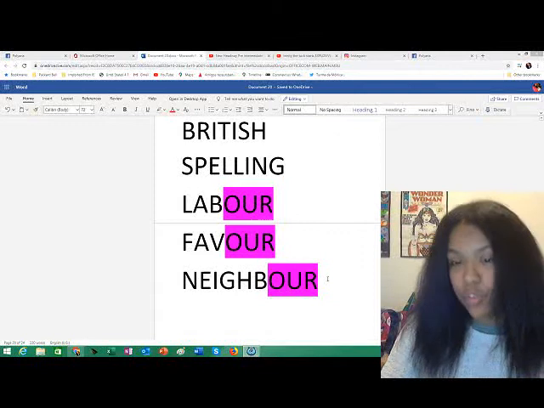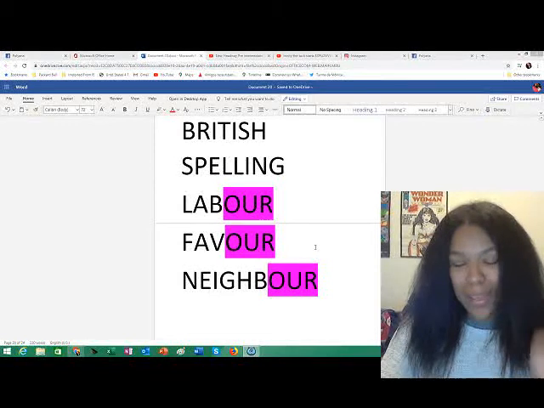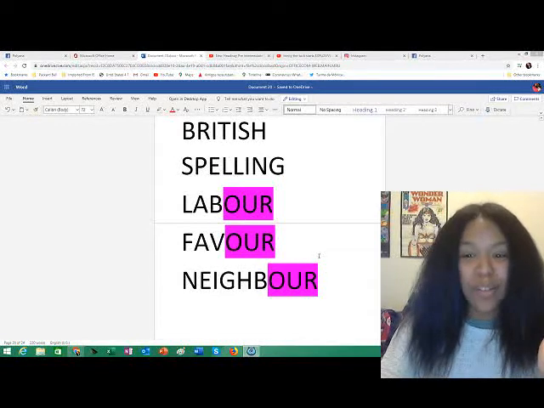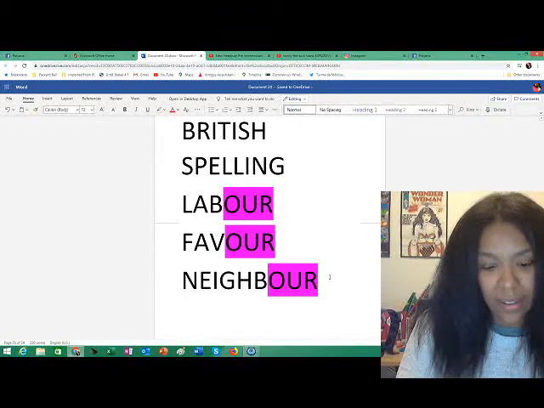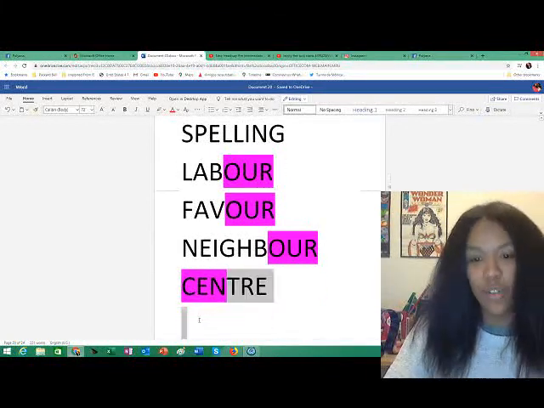And if you choose to spell the words labor, favor, and neighbor like that, then you also have to spell words like center with T-R-E in the end. Other words, theater.